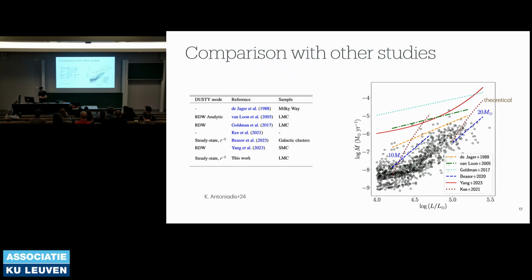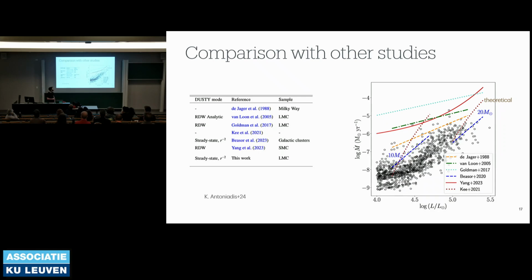So now we can compare our study with other prescriptions from the literature. So now with the blue dashed line, you can see the results from Beasor et al. 2020, which was also dependent on the initial mass. And you can see that it roughly agrees with our results because they also use similar assumptions. Then we are a bit lower than the de Jager rates, although within the uncertainties.